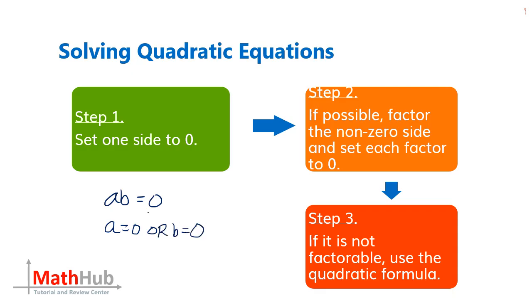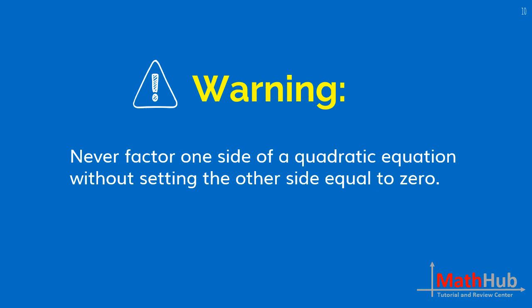You can only do this if one side is 0. So that's why for the next step, you factor the non-zero side, and then equate each factor to 0. If it's not possible for you to factor it, then you proceed with the quadratic formula.